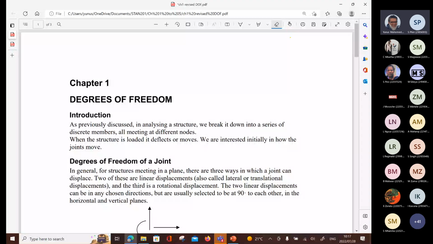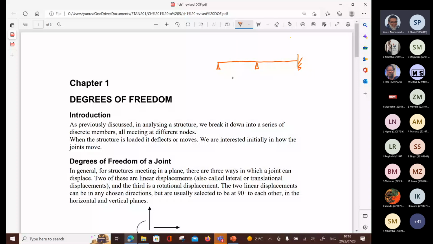Okay, so as previously discussed, in analyzing a structure, we break it down into a series of discrete members. I showed it to you when we started discussing what I do in reinforced concrete. Let's take the simplest one, perhaps a 2-span beam.